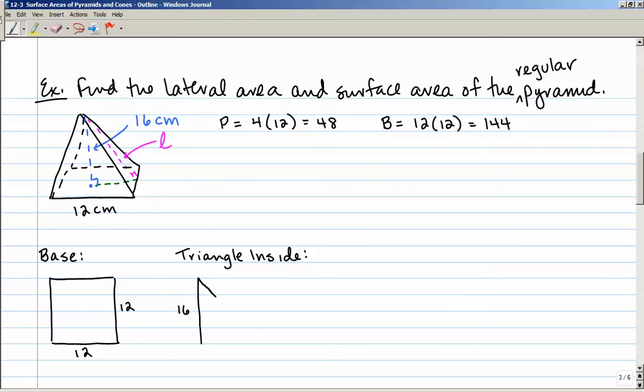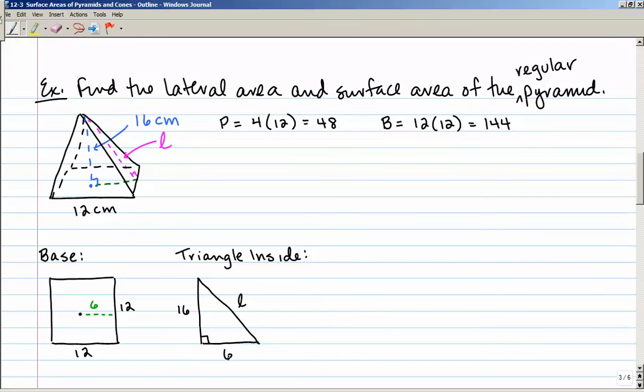I have my slant height, which I don't know what it is, I'll call that l. And then I have this distance across the bottom represented by this green dashed line. And since this is a regular pyramid, this point right here is going to be the center of the square. So if that's this point right here, then that green dashed line is going to be 6.